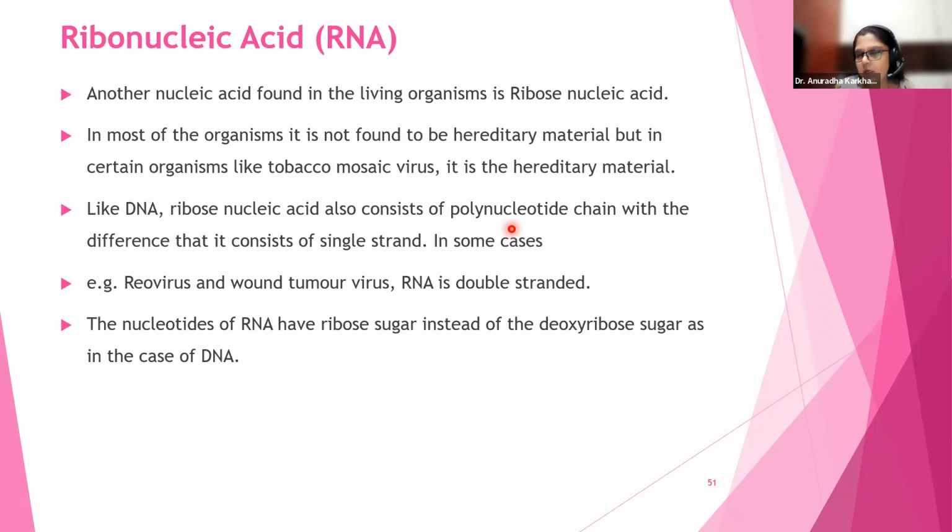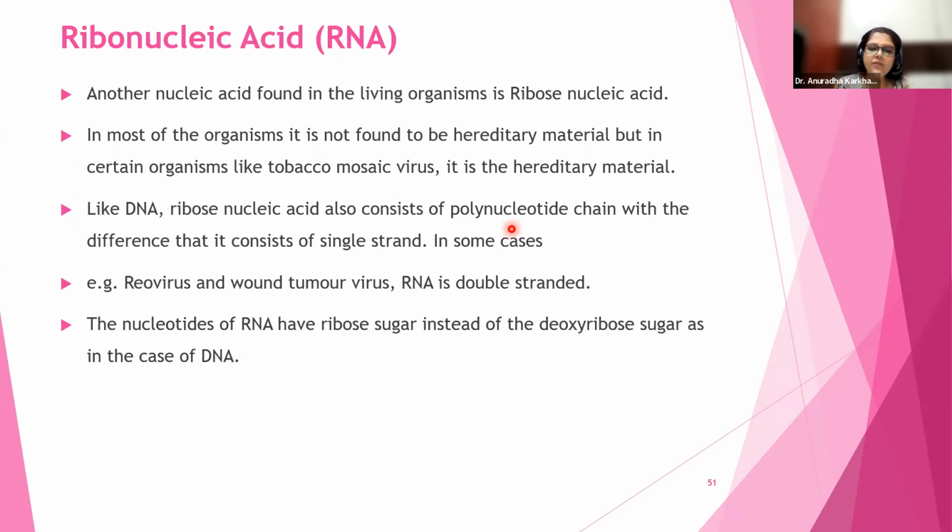Generally in us, RNA will not be double stranded, and not the way it is in DNA. Even if it is double stranded, it's going to be looped, but not helical. Examples: reovirus, wound tumor virus. RNA is double stranded in these cases.